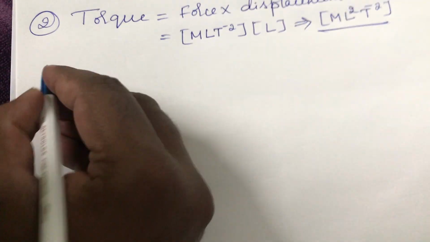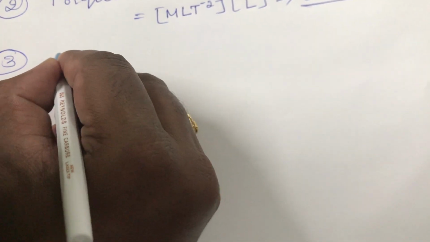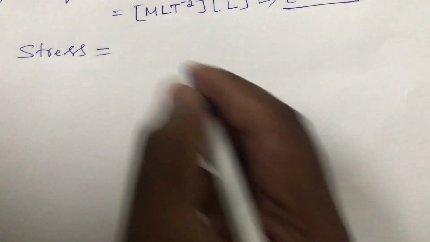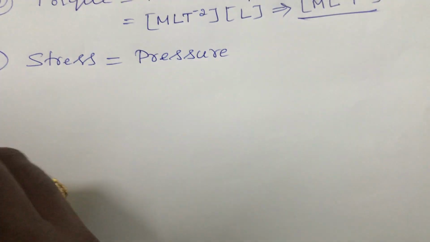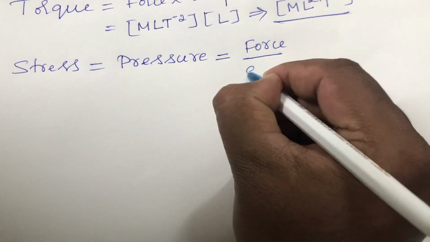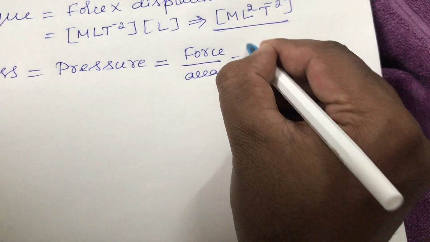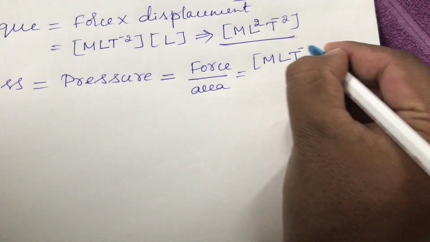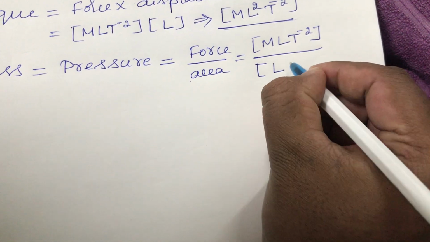Okay, third one I can write as stress. Stress is nothing but pressure. Again the pressure can be written as force by area. Okay, where the force can be written as m l t to the power minus 2, and area can be written as length into breadth.